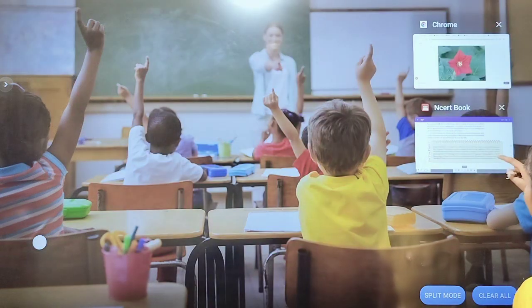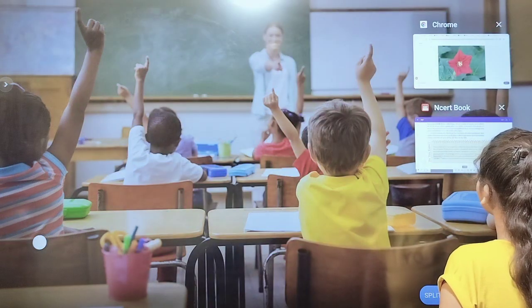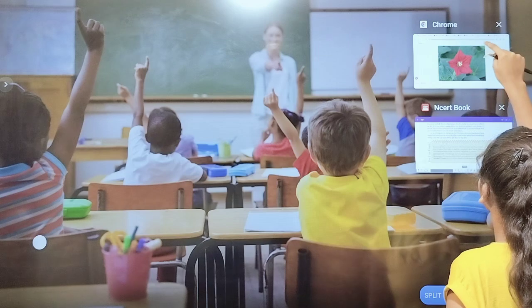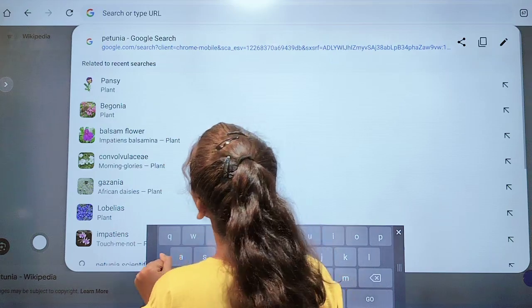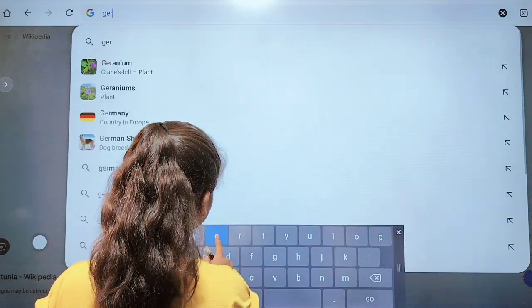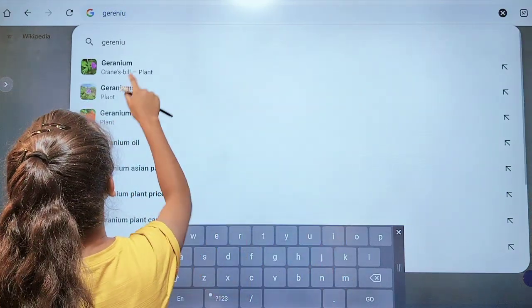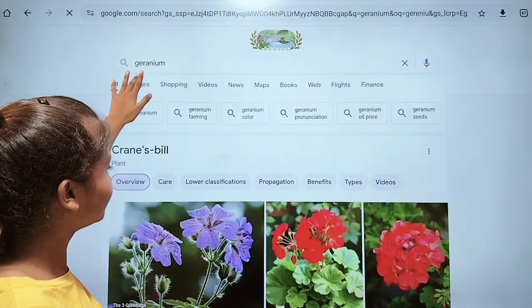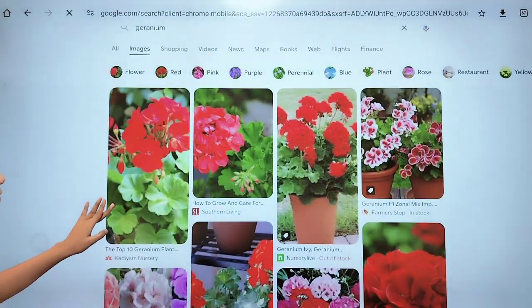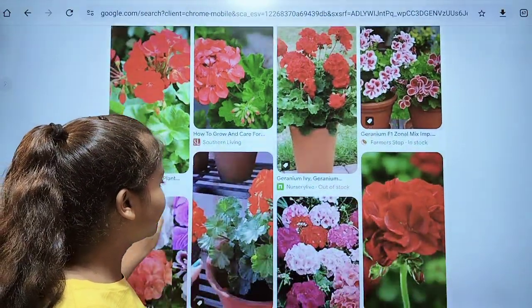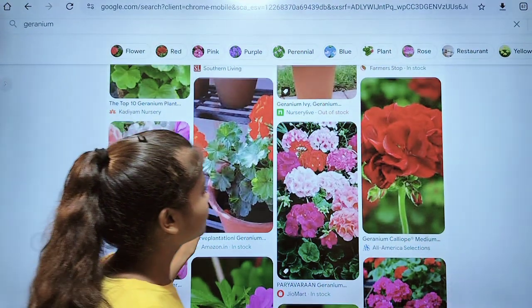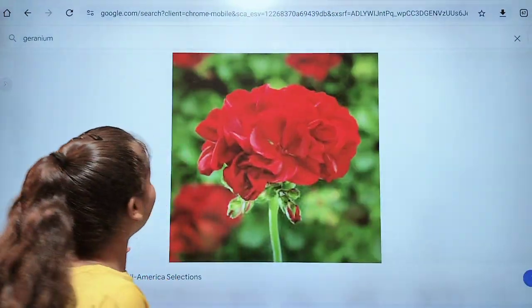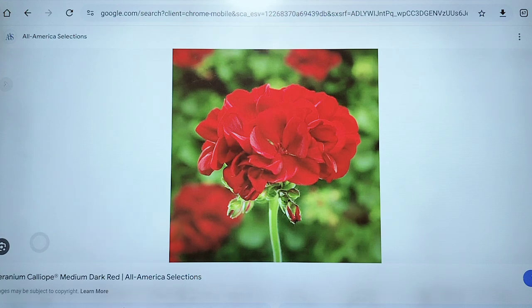Red cabbage, I think you all have seen. The next one is geranium. This one is geranium. You have seen that all the flowers are similar to each other, whether it is geranium, petunia, or the first one, hydrangea.